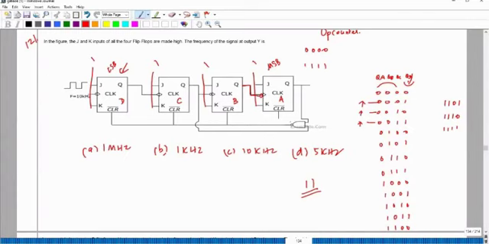X, if I take this, X is equal to QA, this is QA, and this is QC, QA, QC, the whole bar. So this is equal to QA bar plus QC bar.